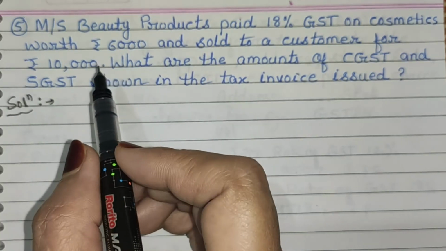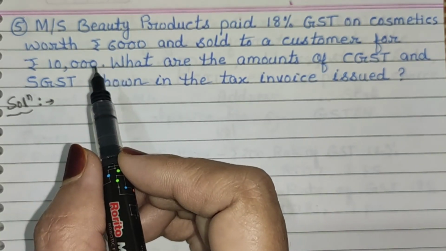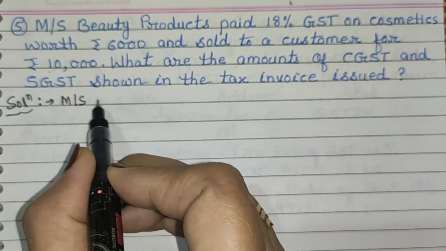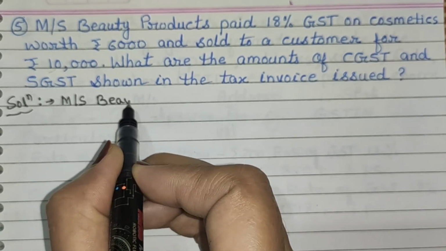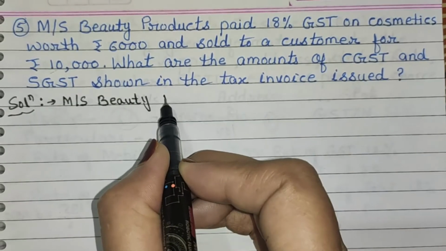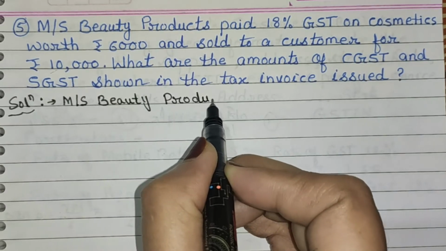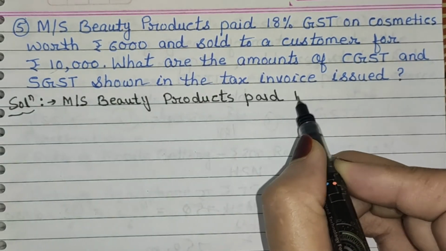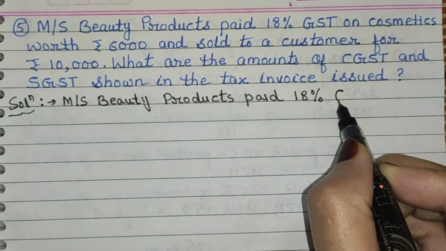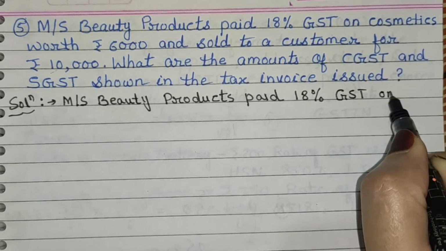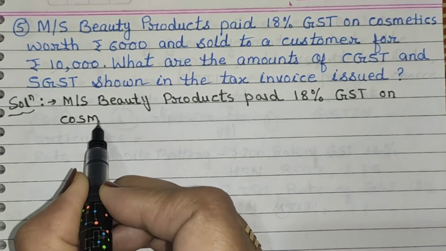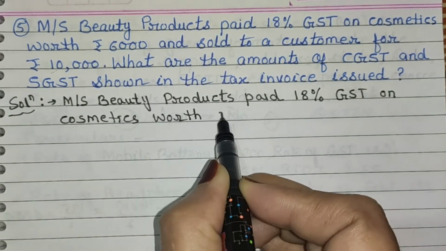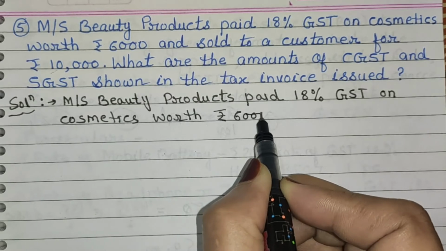Now the first sentence is given: Mrs. Beauty Products paid 18% GST on cosmetics worth rupees 6,000.